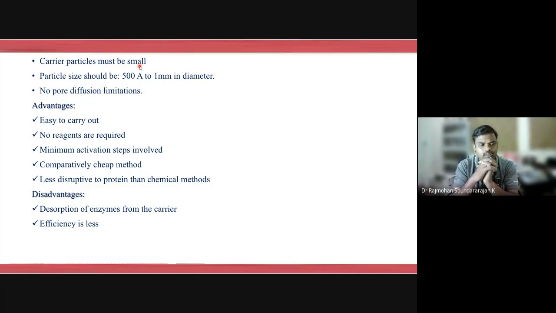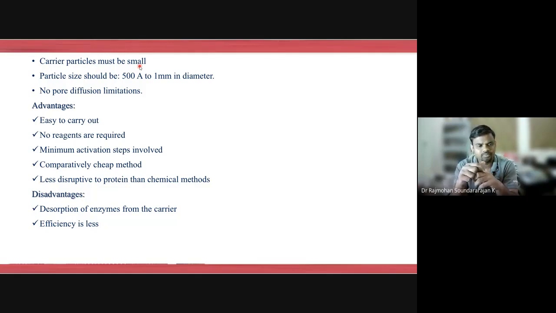Semi-skilled labor is sufficient. Not many reagents are required, and minimal activation steps are involved. In the previous case, the carrier material needed to be activated before the enzyme was attached. It is also a comparatively cheaper method, and less disruptive to protein than the chemical method, because in chemical methods there is a chance that the enzyme's active sites get damaged or affected.